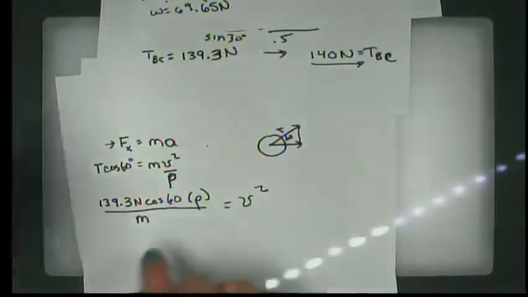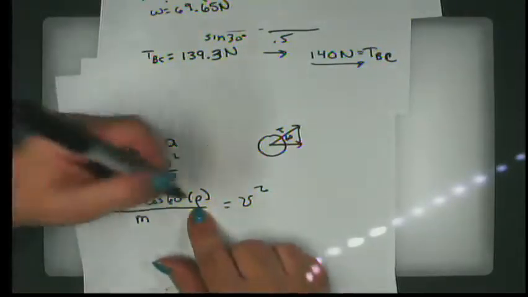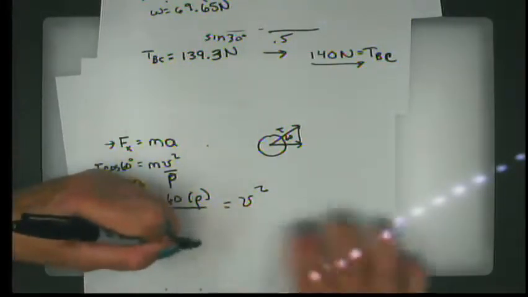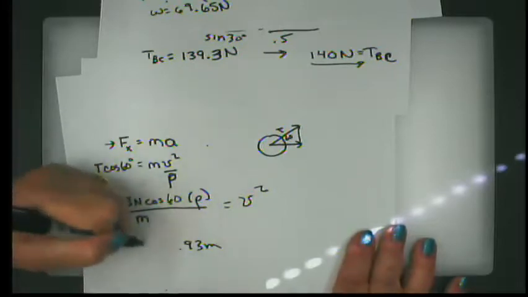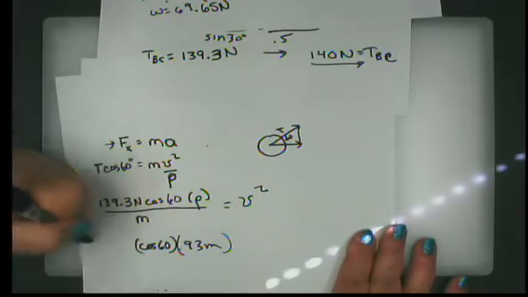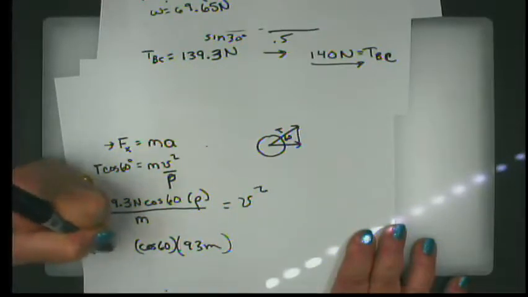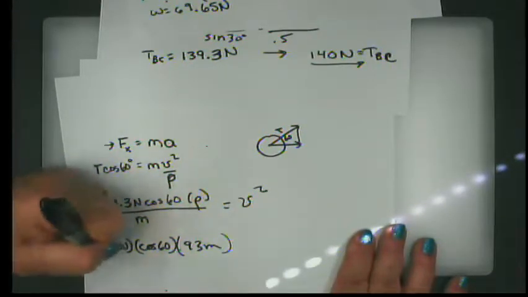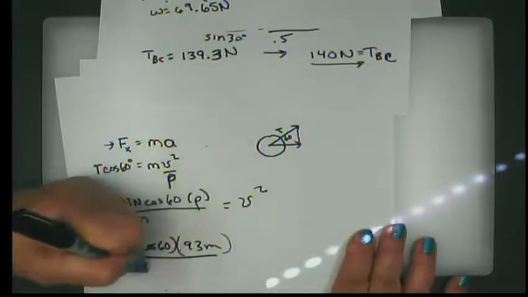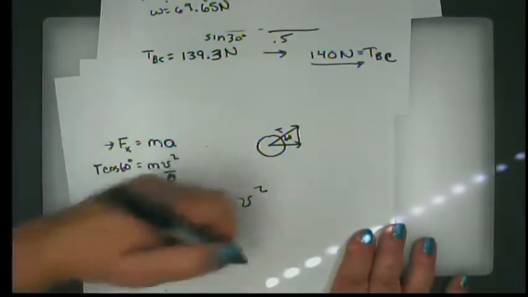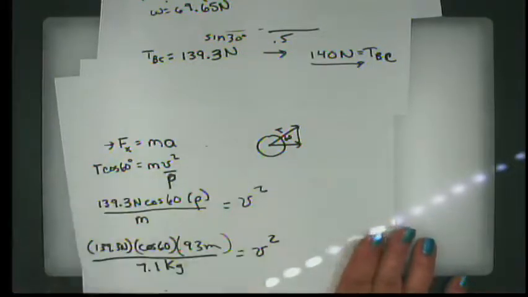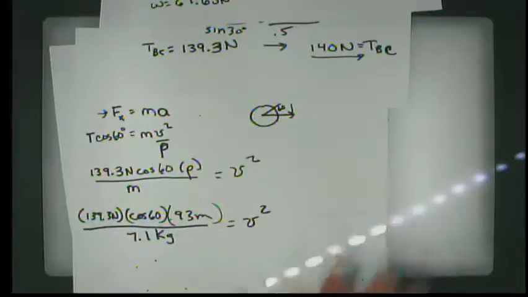Okay, so I know that rho is 0.93 meters, and I can solve for the cosine of 60, which I think is 0.866, but I don't remember. I have the tension of 139.3 newtons, and the mass, and that tells me that that's equal to v squared after I work out my units.